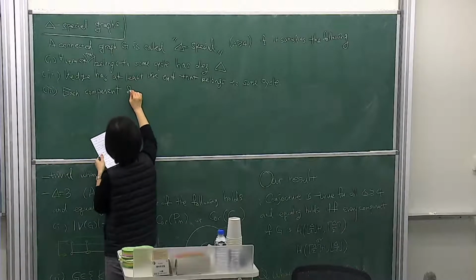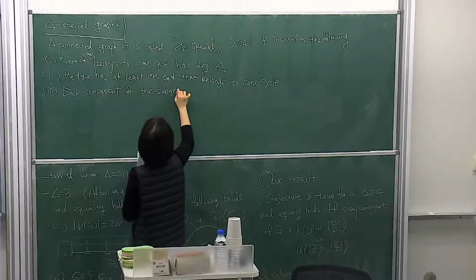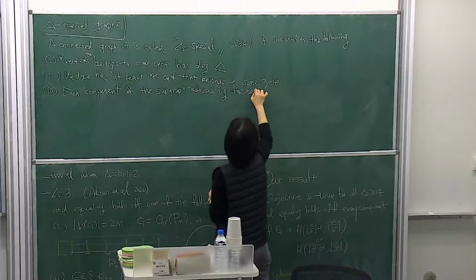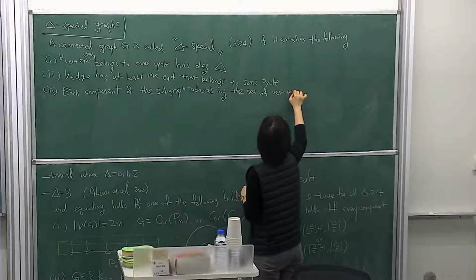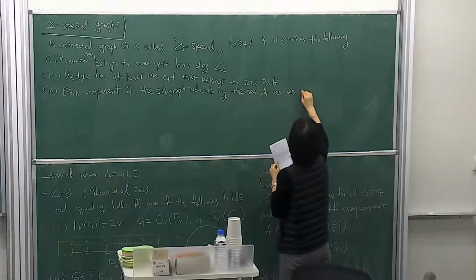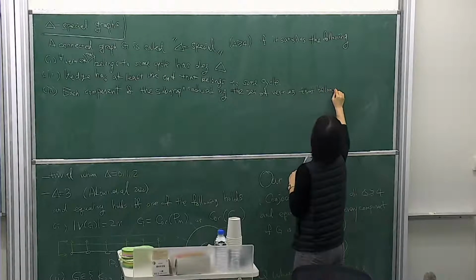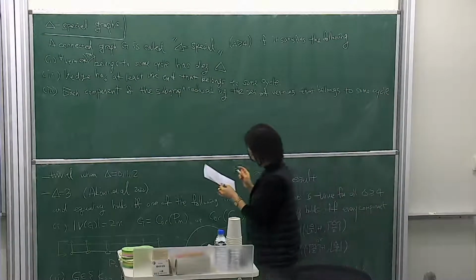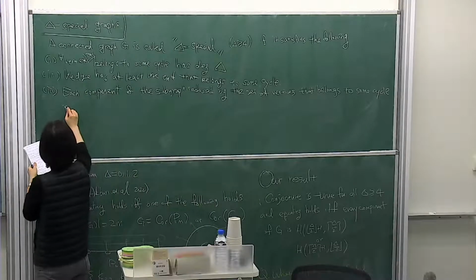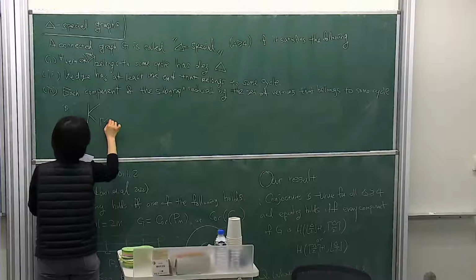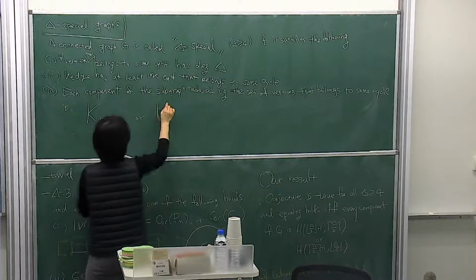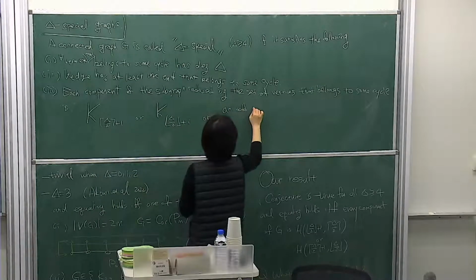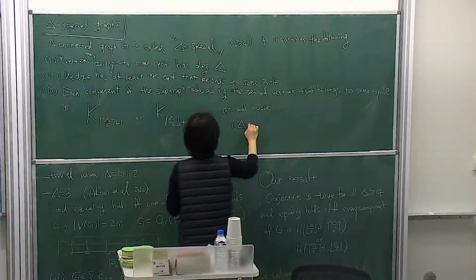So each component is this clique or this clique, or it can be an odd cycle only when delta equals 4.